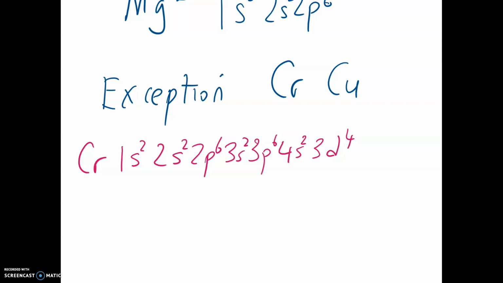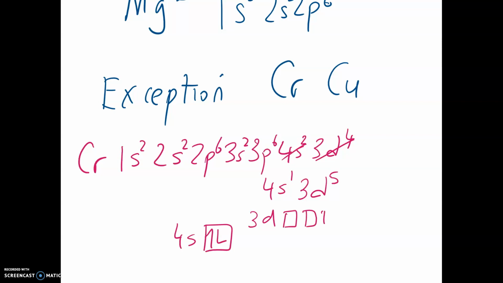But instead, I get 4s1 and 3d5. The reason being, if I look at my 4s, I have my 2 electrons. If you look at my 3d, 1, 2, 3, 4, 5, I have my electrons here, and this electron gets promoted there, and you end up with a totally different configuration because of the energy level.